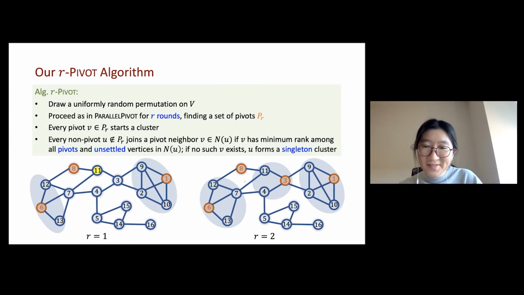However, if we run R-pivot for another round, we can see that now 7 will join the cluster of 6 and 11 will join the cluster of 3, because now both vertices 3 and 4 are settled in the second round. In particular, for this vertex 11, it chooses to join the pivot neighbor 3 with smaller rank.